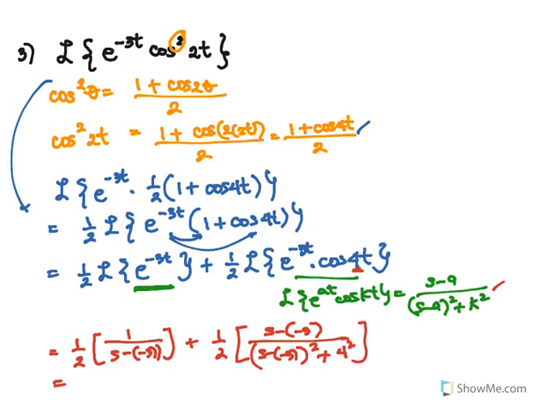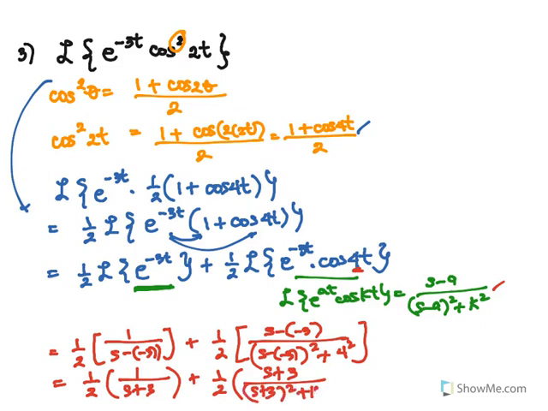Simplifying further, you get 1/2 times 1 over s plus 3 plus 1/2 times s plus 3 all over s plus 3 squared plus 16. Or, that's 1 over 2 quantity s plus 3 plus s plus 3 all over 2 times s plus 3 squared plus 32.